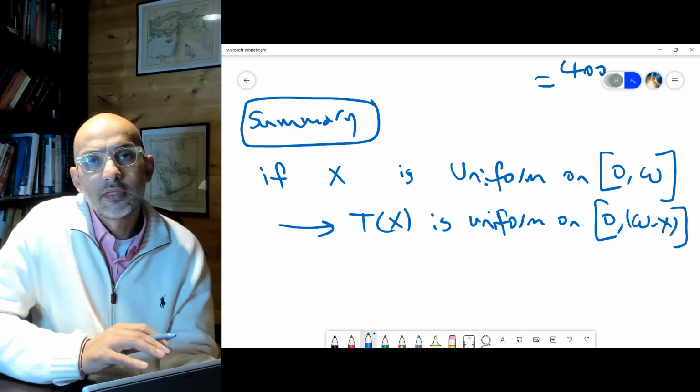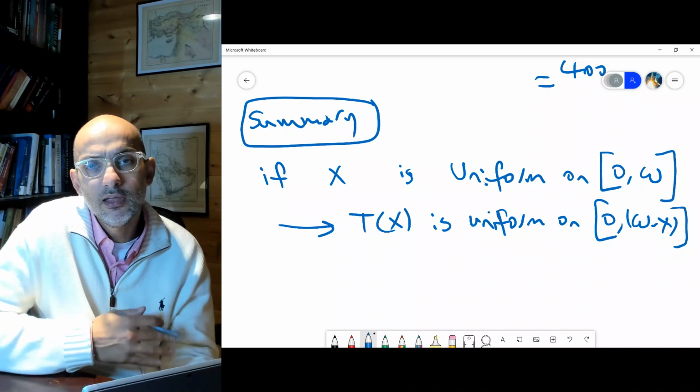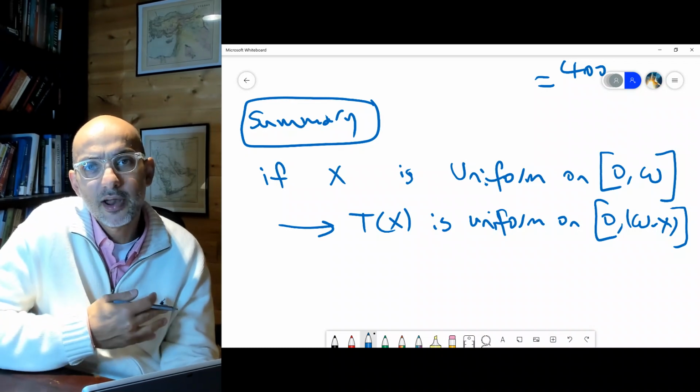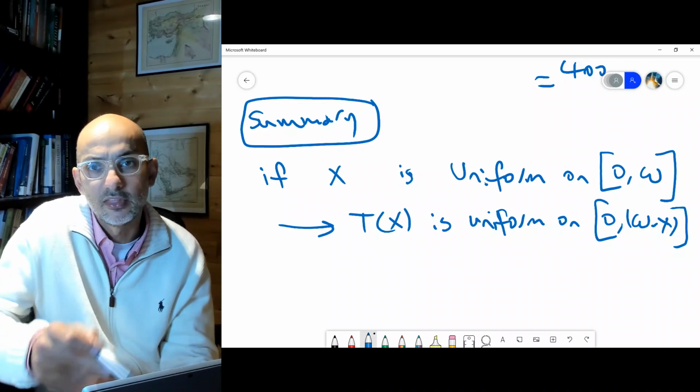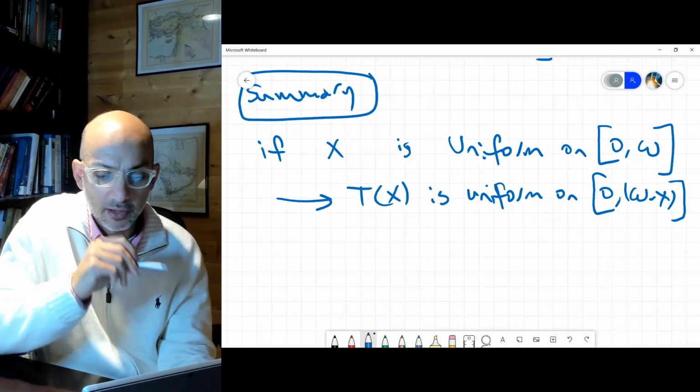So all the summary formulas I gave you in the previous lesson about the uniform distribution are all the same. The only thing is, if omega is 100, you subtract from it x, the age that the person is given to have survived to.